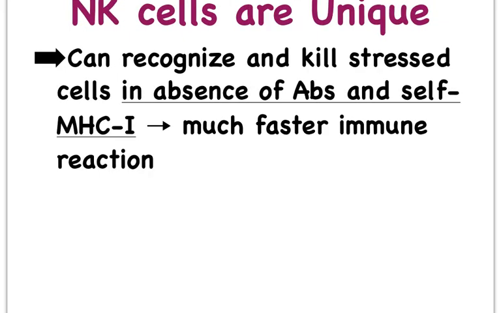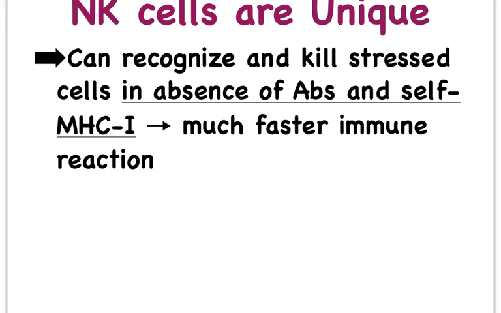So I'm hoping that you recognized here that natural killer cells are kind of interesting because they can go after and destroy cells even if there aren't any antibodies present. I mean, they can also use antibodies, but they don't have to. And they are not dependent on any kinds of major histocompatibility proteins to present antigens.